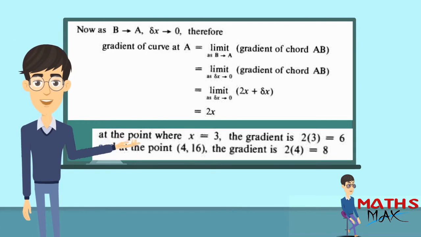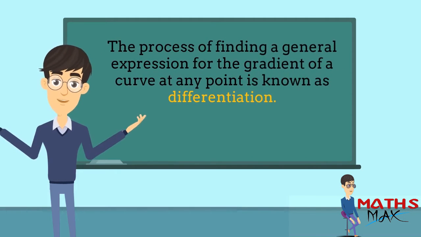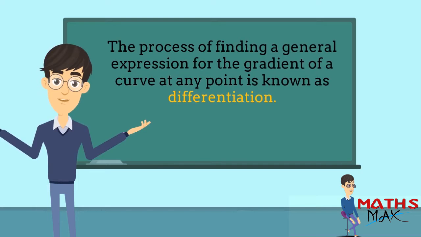Look at the examples. At the point where x is equal to 3, the gradient is 6. Likewise, at the point where x equals 4 and y equals 16, the gradient at this point is 8. The process of finding a general expression for the gradient of a curve at any point is known as differentiation.